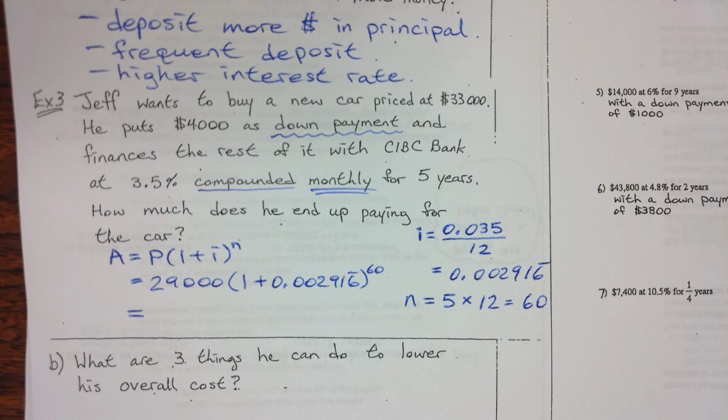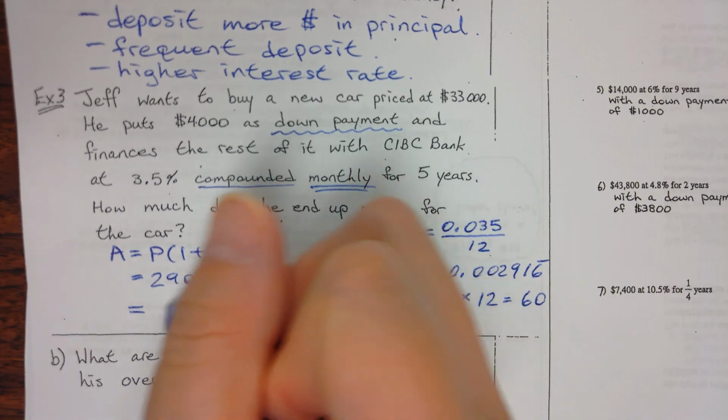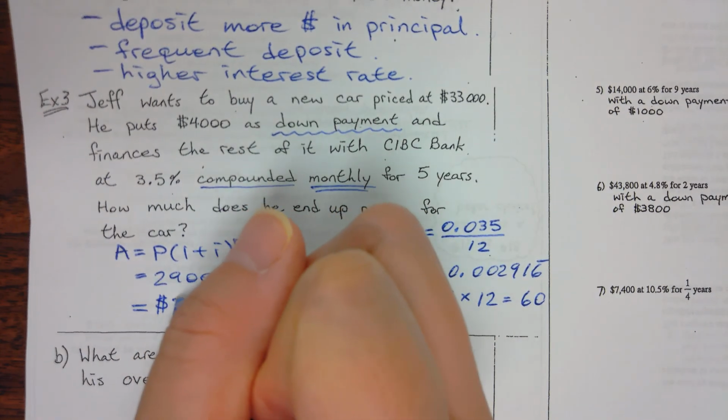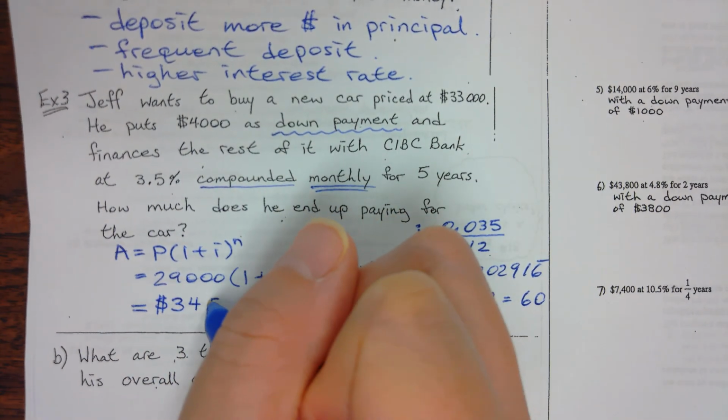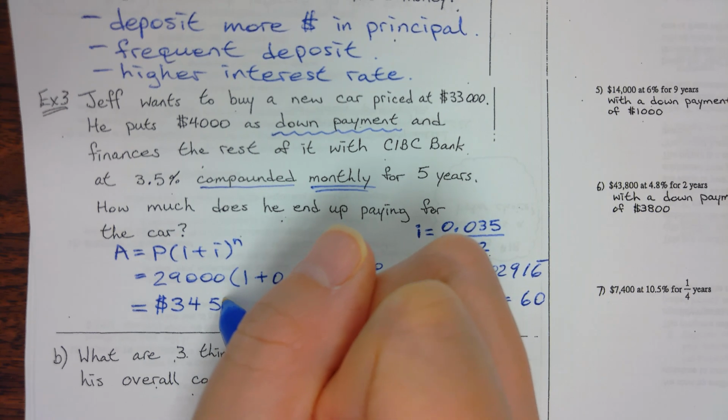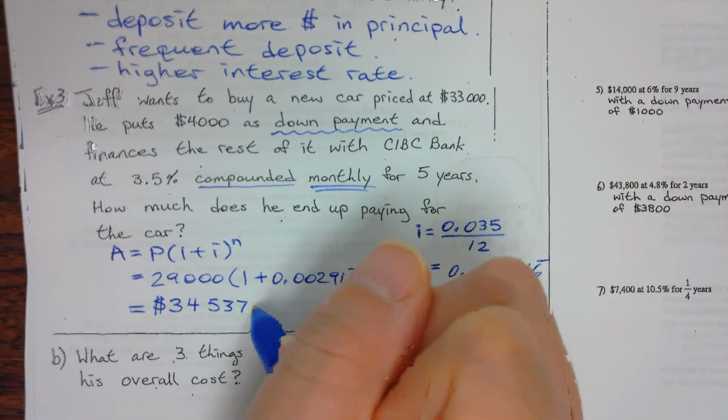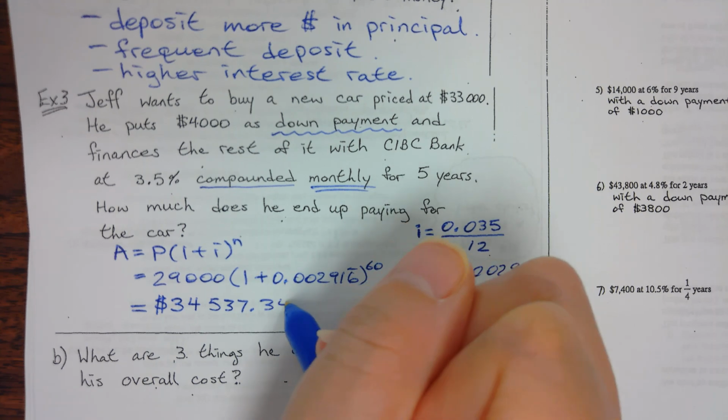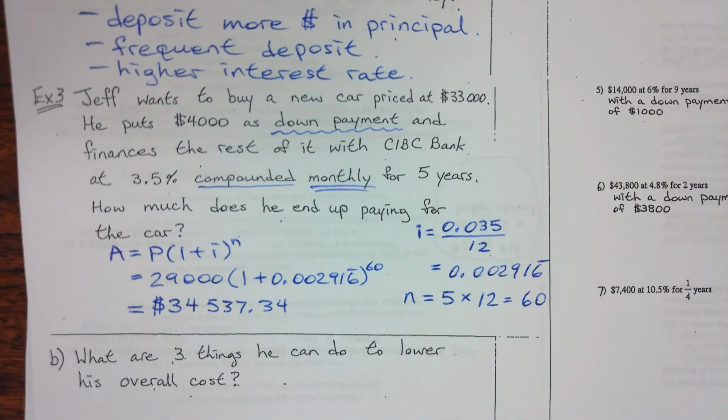Okay, so again, putting it all in the calculator at once. 0.002916 to the exponent 60. Alright, that means the car is now worth this.